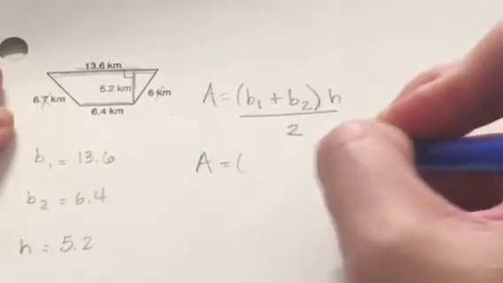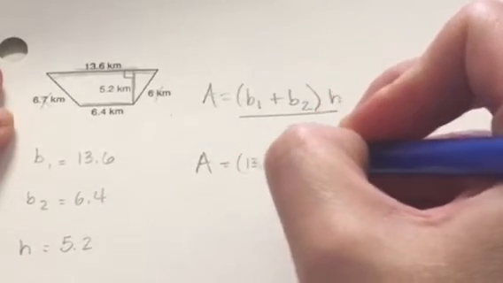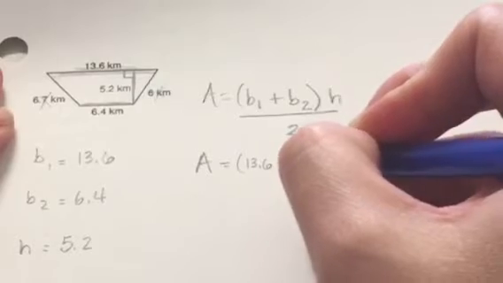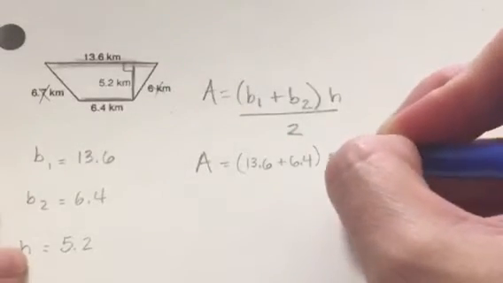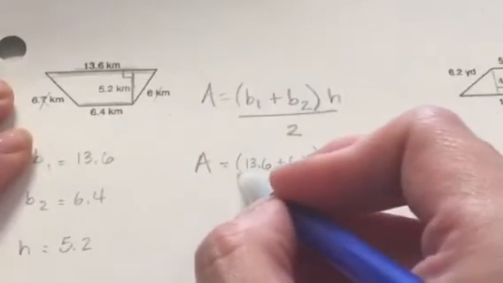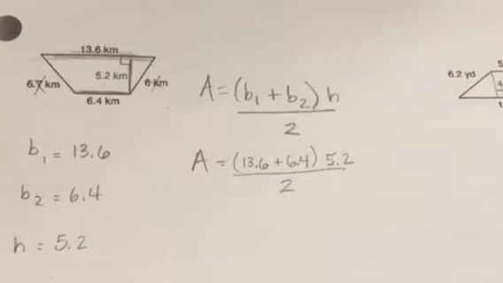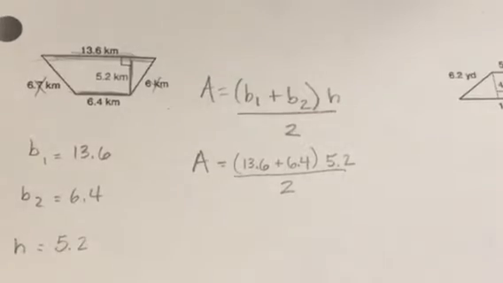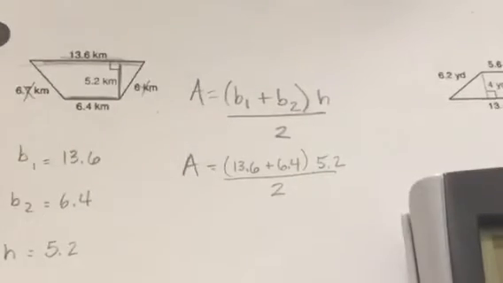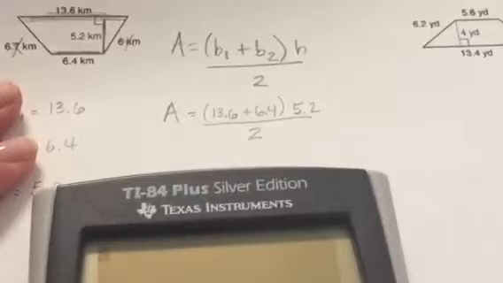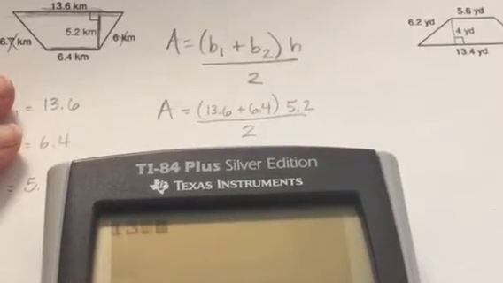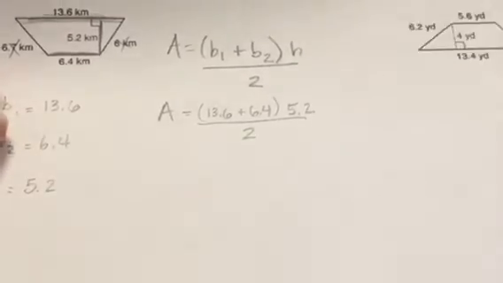So inside the parentheses, I'm going to put 13.6 plus 6.4 times a height of 5.2, all divided by 2. All right, so now on your calculator, you're going to type in the parentheses first. So 13.6 plus 6.4 is 20.